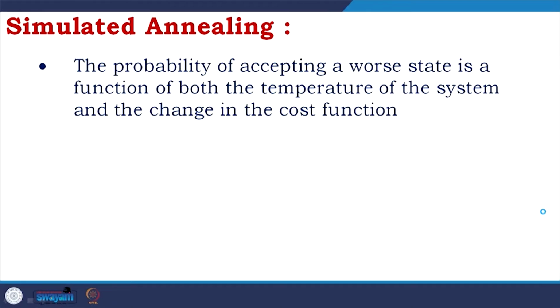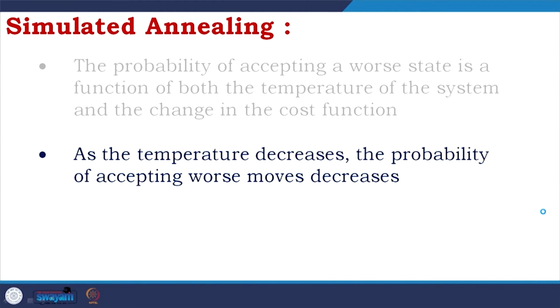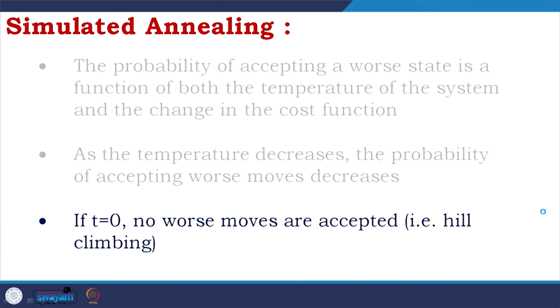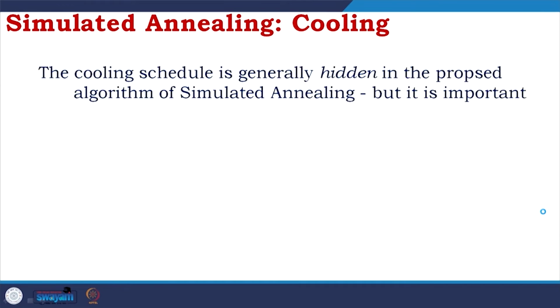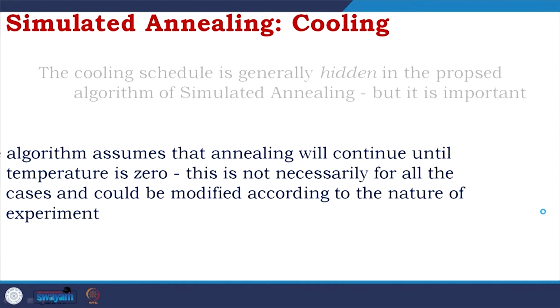The probability of accepting a worse state is a function of both the temperature of the system and the change in the cost function. As the temperature decreases, the probability of accepting worse moves decreases. If T equals 0, no worse moves are accepted, that is, you have to go for hill climbing. Considering the condition of cooling, the cooling schedule is generally hidden in the proposed algorithm of simulated annealing, but it is extremely important.